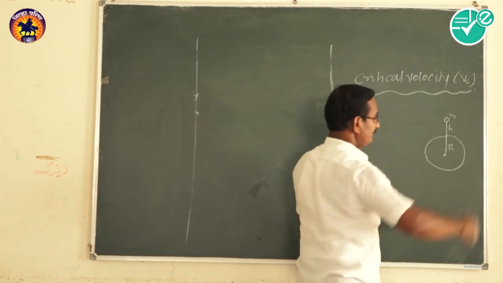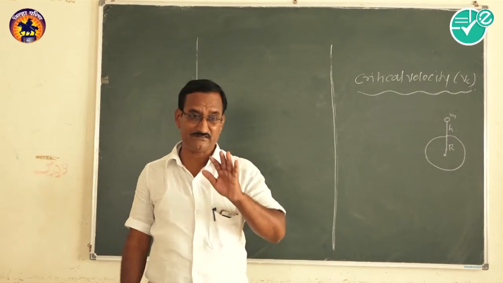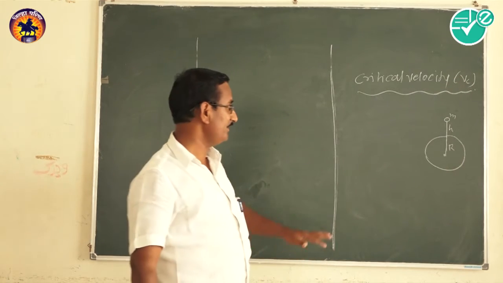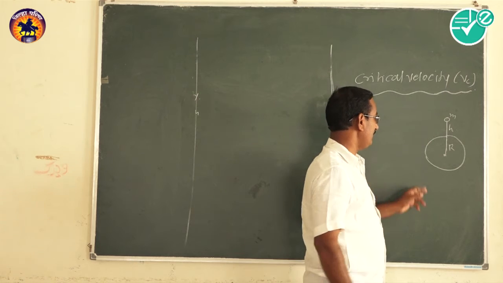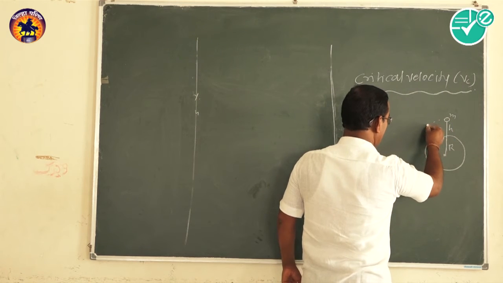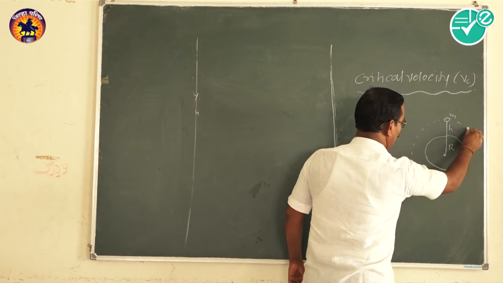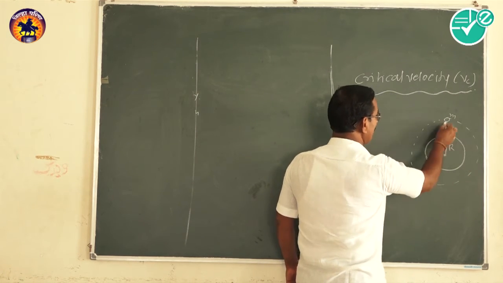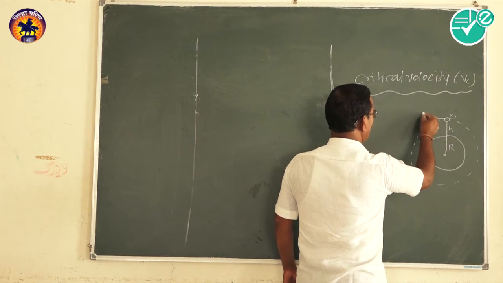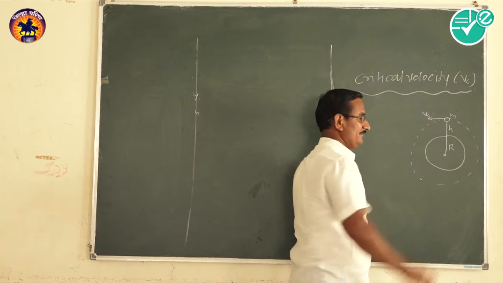Let h be the height of that satellite, or any body, above the surface of Earth, revolving around the Earth with a critical velocity Vc.